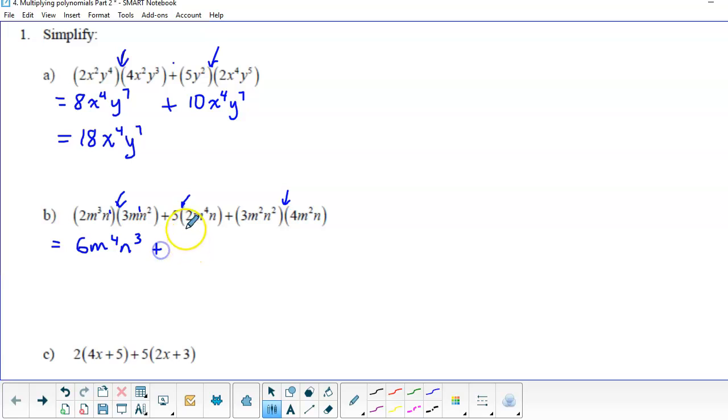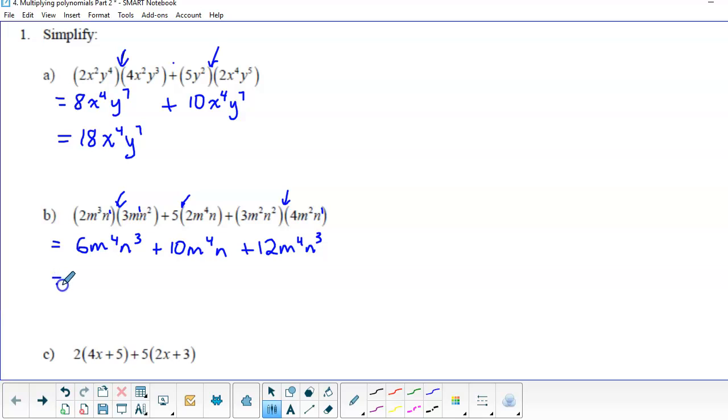Then plus, 5 times 2 is 10, m to the 4th, n, there's nothing to change the variables at all. Then plus, 3 times 4 is 12, m squared times m squared is m to the 4th, n squared times n to the 1 is n cubed.